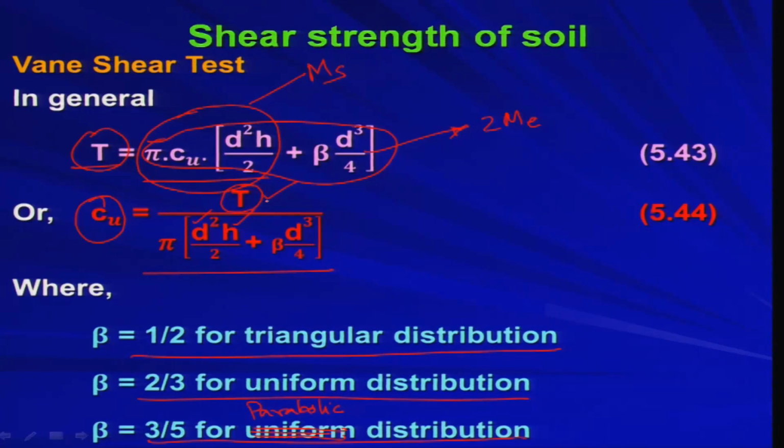Once you know all those things, you can find out Cu from the in situ condition, from the field itself, which is not possible with triaxial tests, UCS or direct shear tests.